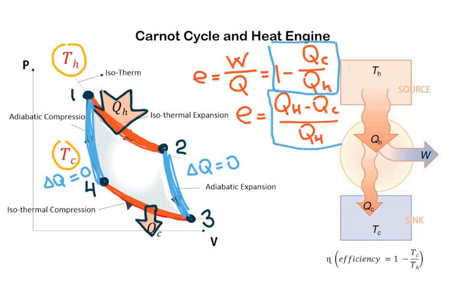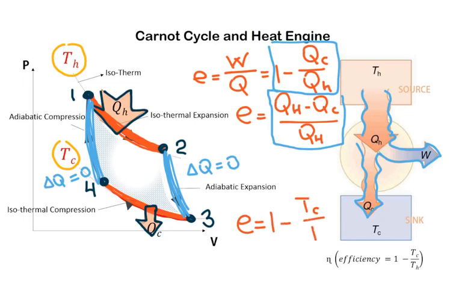If so much heat is coming in, some of it is going into the work, and the rest goes down and spills into the sink. So you could use the second formula. And another one for efficiency is 1 minus T cold over T hot. It's the same derivation, where you have the hot temperature minus the cold temperature divided by the hot temperature.